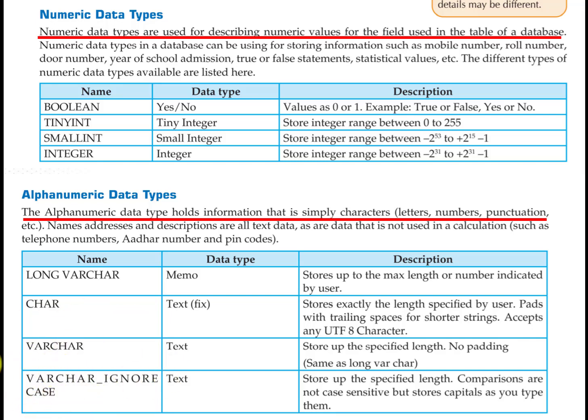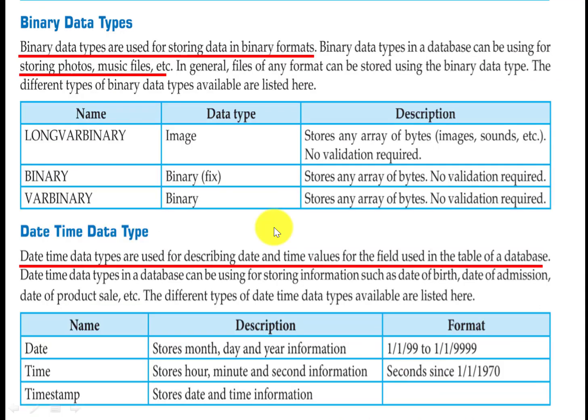Varchar ignore case, stores up to the specified length. Comparisons are not case sensitive but it stores capitals as you type them. Next is binary data type. If we want to store photos and music files, then we use binary format.